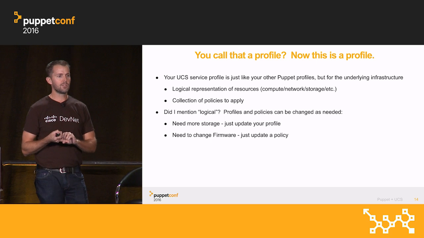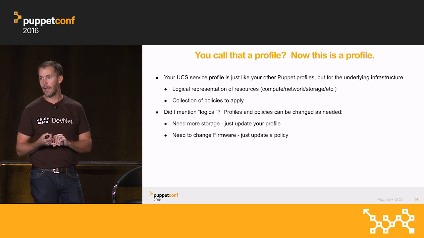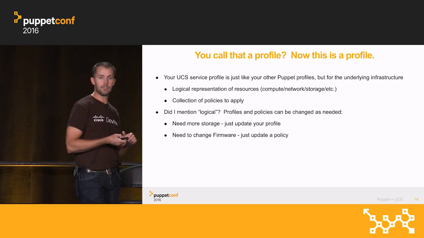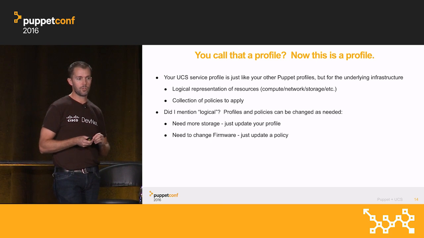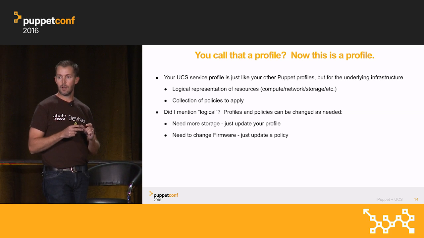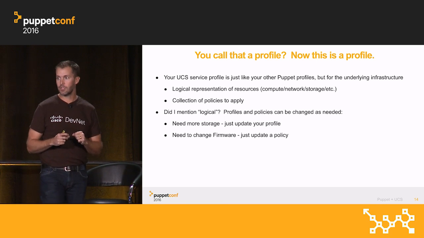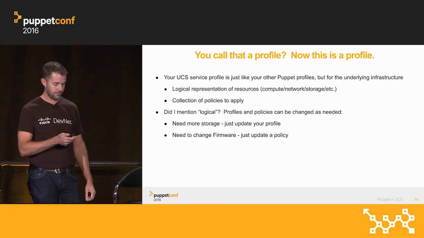Within that profile, to step back on that profile example in the Puppet terms, the profile is, again, that definition of the resources and how you want them configured. And policies actually apply the configuration. And at the low levels in UCS, those resources are all of our managed objects. And again, everything there, you set up how you wanted it, specify the exact configuration you want, and then it's programmed into that state.